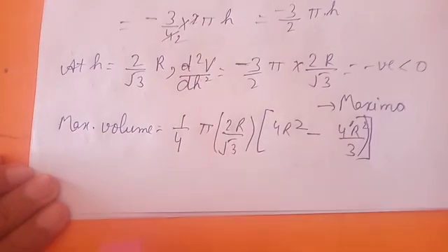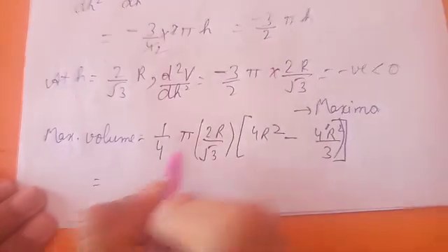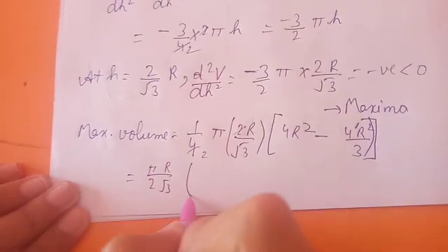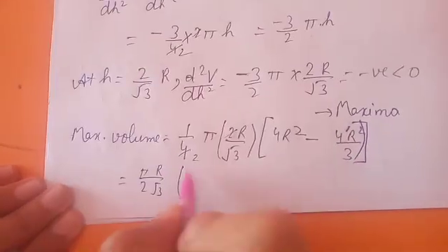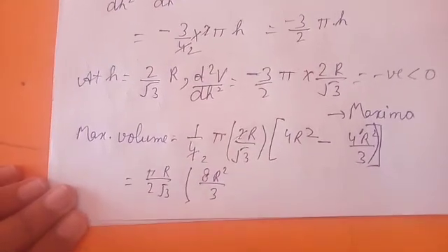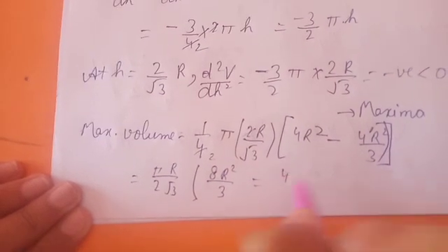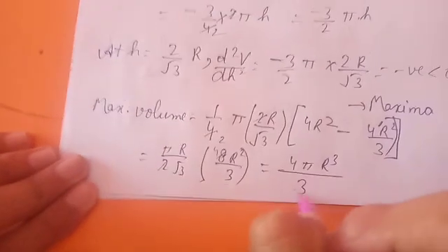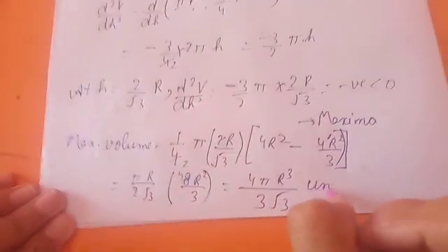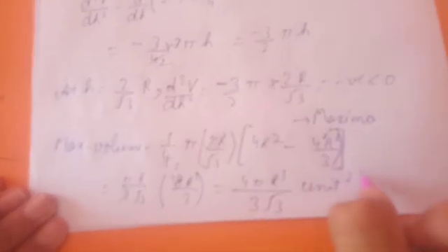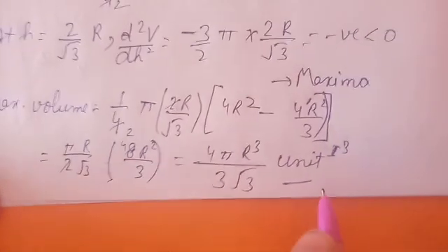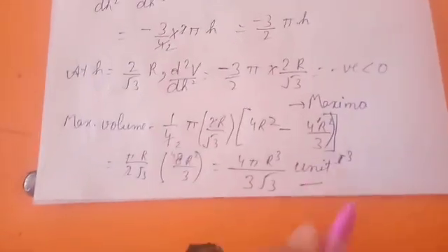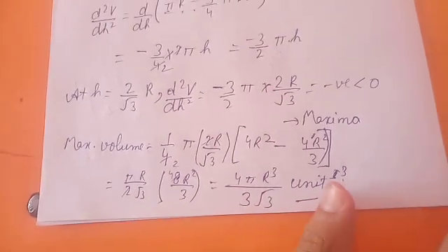Now we just have to solve it, and we will get pi R by 2 root 3 into 8R square by 3. So that will be 4 pi R cube by 3 root 3 unit cube. Why do we use unit here? Because we are not given any specific unit such as meter or centimeter, so we use unit. And cube because it is volume.